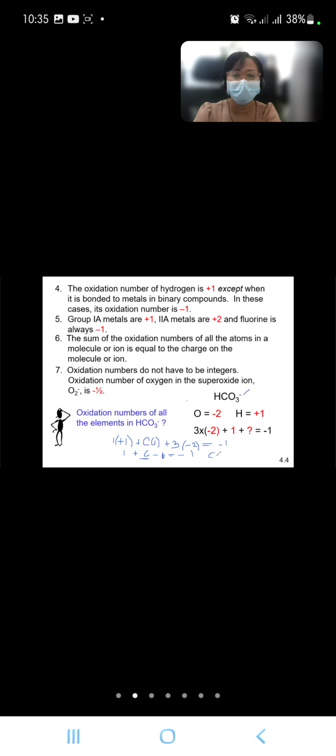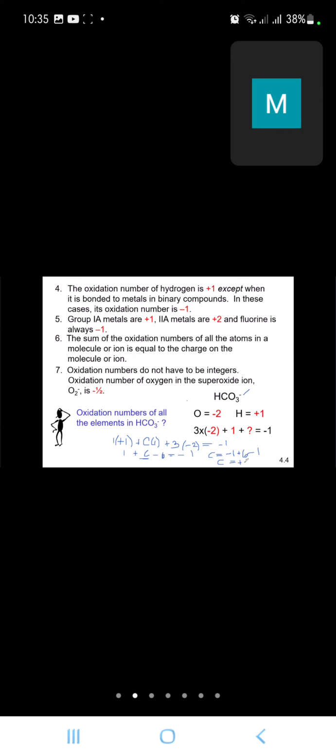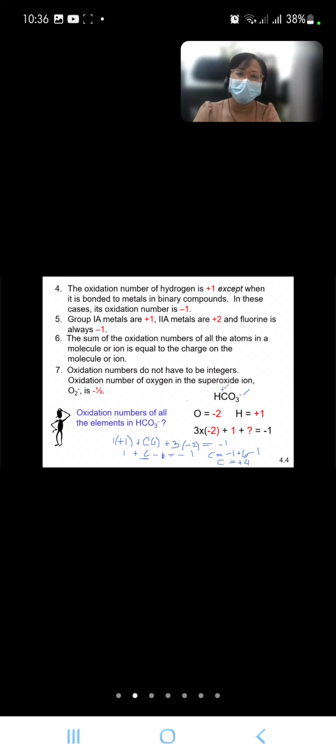So transposing, carbon is equal to -1 plus 6 minus 1. So carbon here is +4. Then oxygen is -2 and hydrogen is +1.